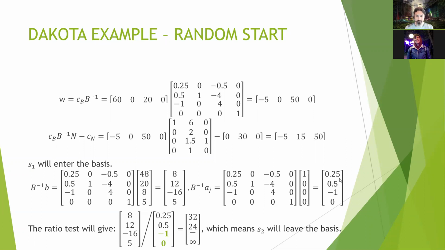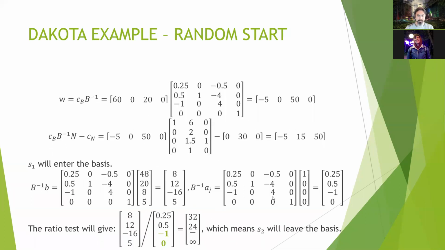So these are the current values, and I will just make the ratio test: 8 over 0.25, 12 over 0.5, -16 over -1, which is not going to be tested, 5 over 0, which is not going to be tested anyway. So I will get 24. The lowest ratio is 24, which means that S2 will leave the basis. Why?